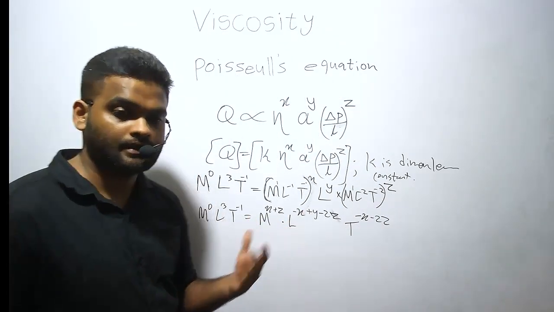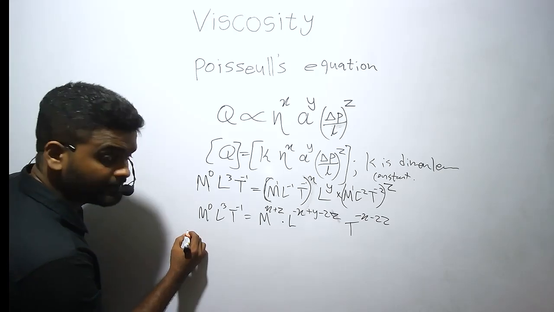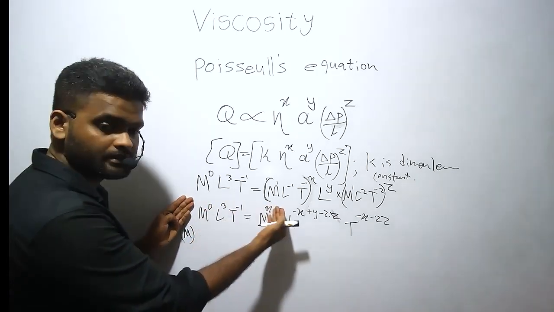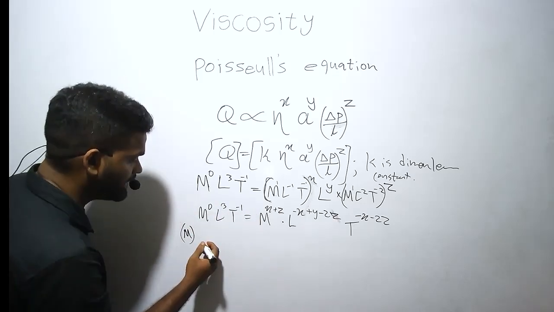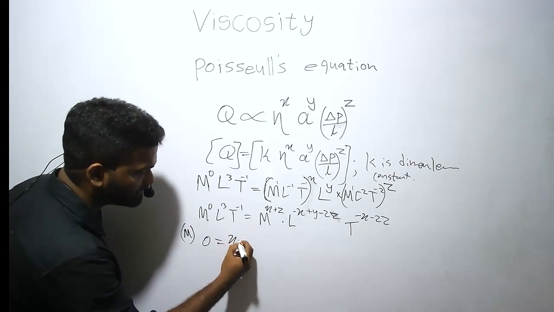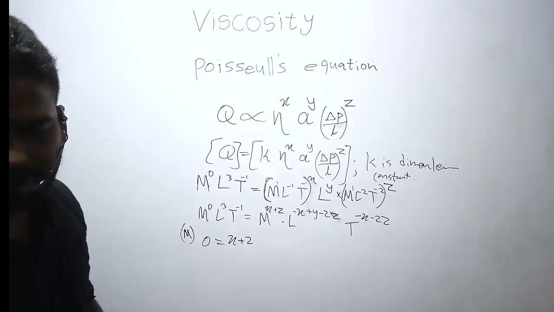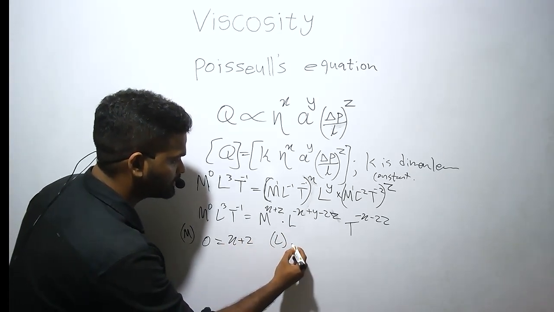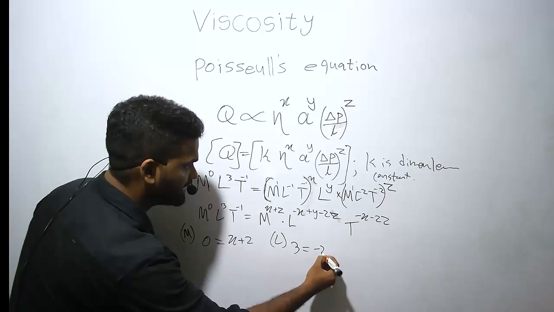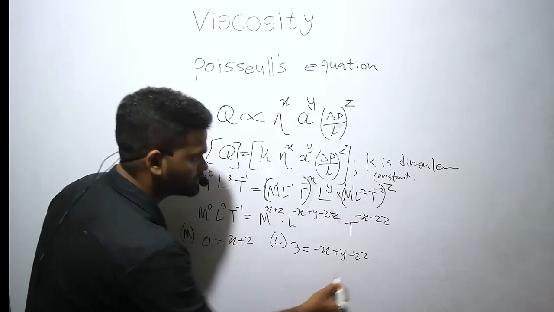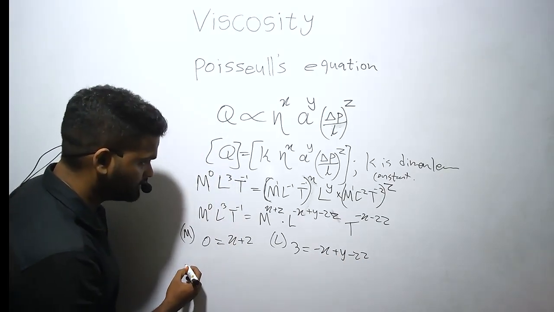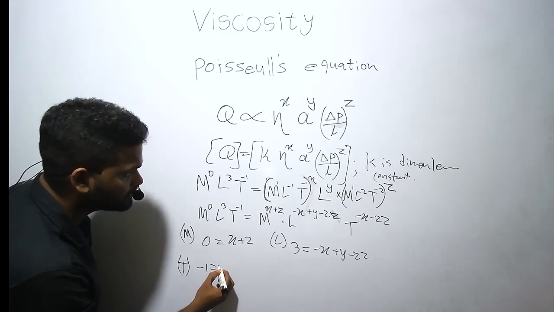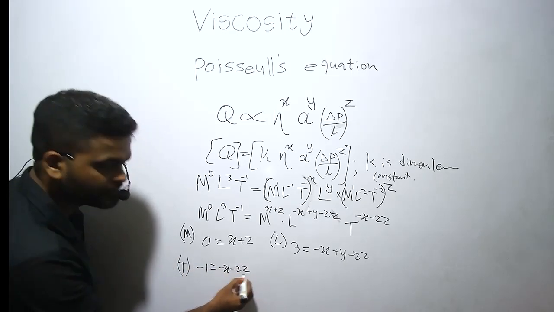Right. Then for M, you have to compare the powers of M. So here we have 0, then we have x plus z. Then for L, we have 3 equals minus x plus y minus 2z. Then we have T. Minus 1 equals minus x minus 2z.